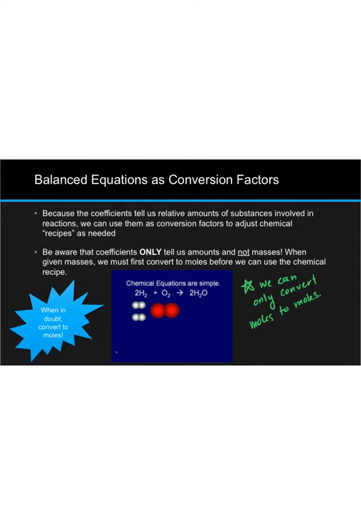No matter what, we'll always move from moles of one substance into moles of another at some point in this process. And again, our mantra will be, when in doubt, convert to moles, because we can always get from moles of one substance to moles of another using coefficients from a chemical reaction.